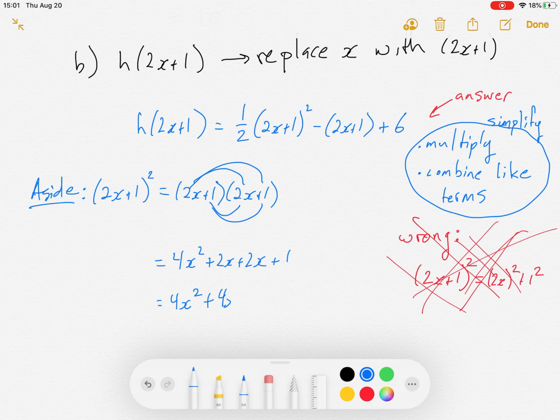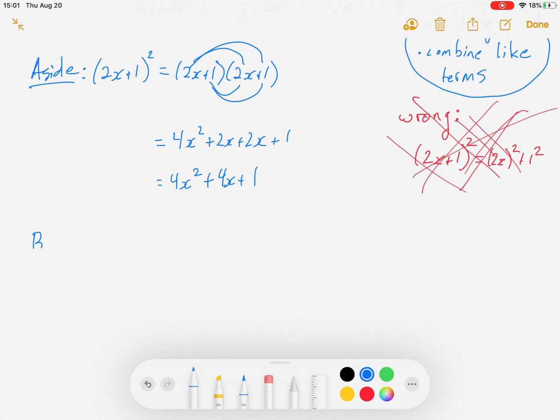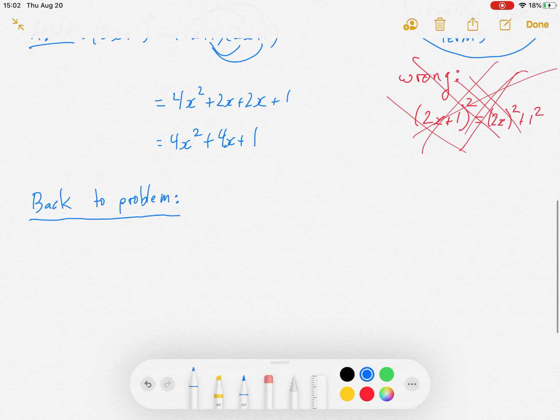So I end up with this. By the way, this is fine if you want to organize your work this way. I'm very happy if you say something like an aside and you kind of show me your work. And then you can say back to the problem if you want. It really helps if you kind of outline this when you're doing problems.